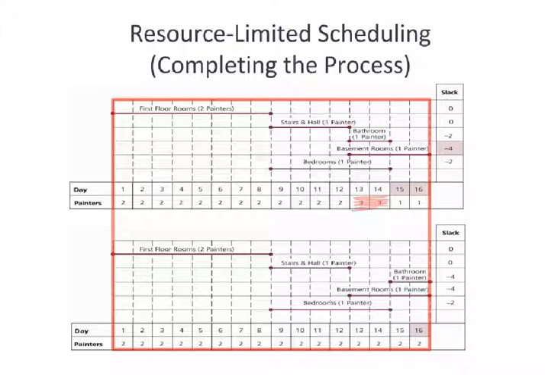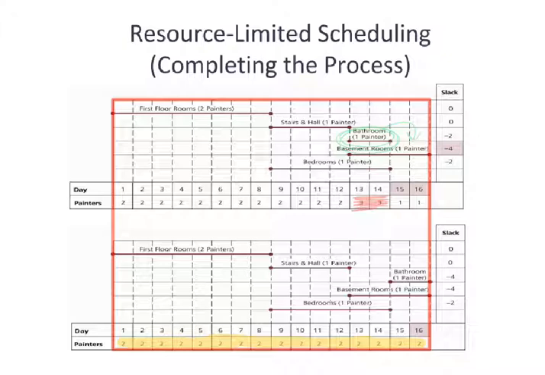So we shift this over. I can kind of show that. What we're going to do is shift this guy right here over to this location. In so doing, we now have this as our final configuration, and you'll notice that we have, which is our original goal, 2 painters involved throughout the entire project.